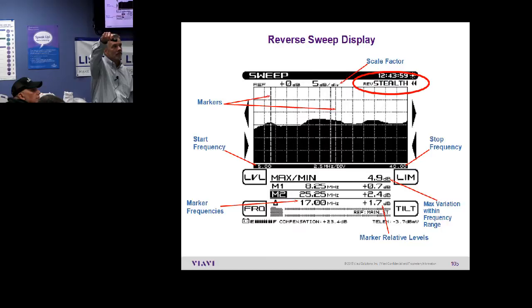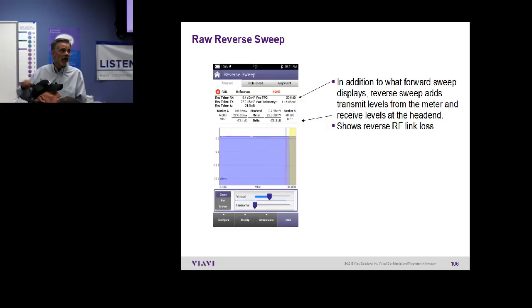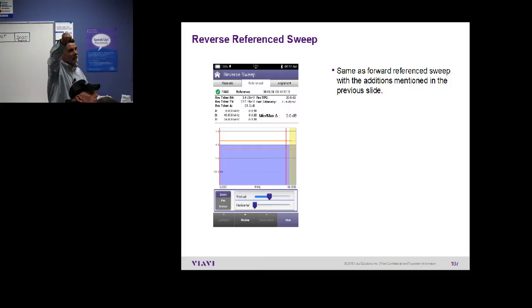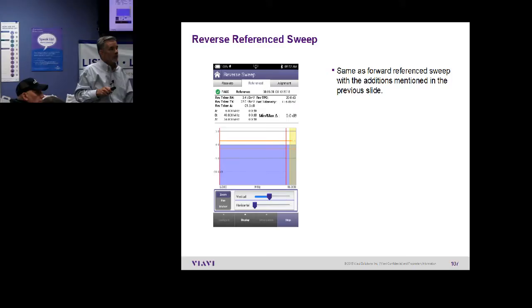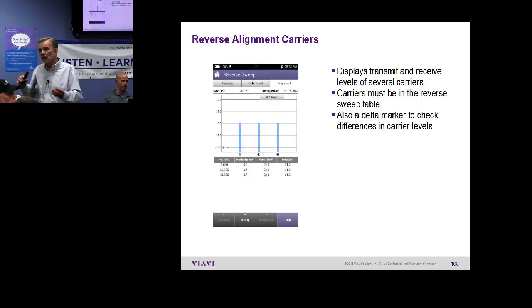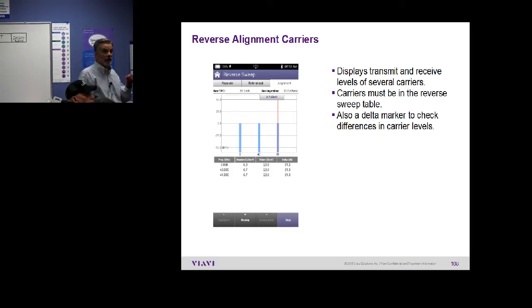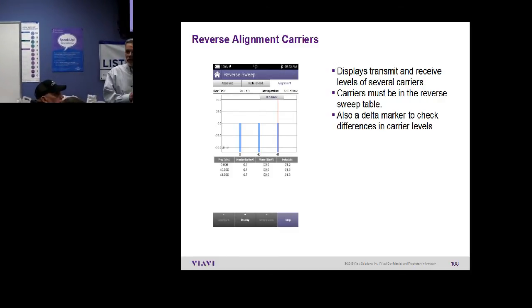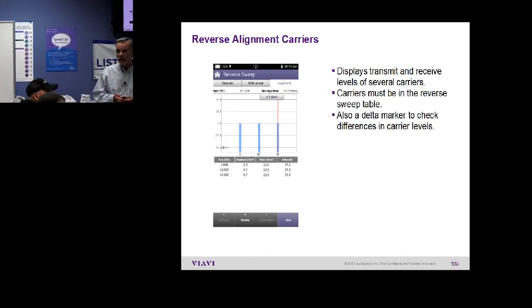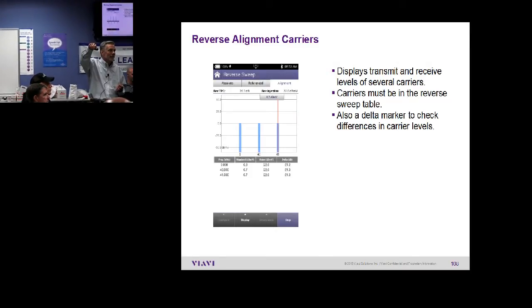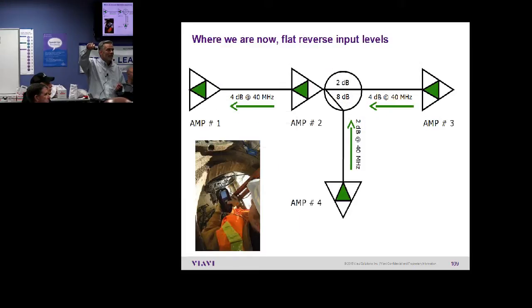Okay, and here's what a raw sweep trace looks like on an ONX. And there's the reference trace on an ONX. And the ONX in the return path also has alignment tabs so that you can see, number one, how much carrier level you're injecting, how much carrier level is at the head end, and what the loss in between is.